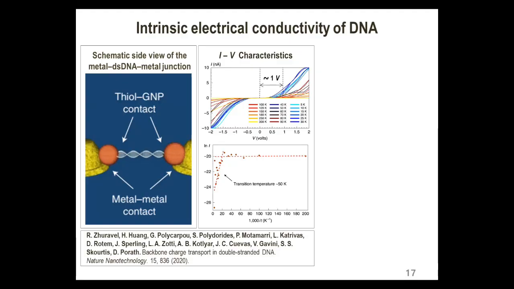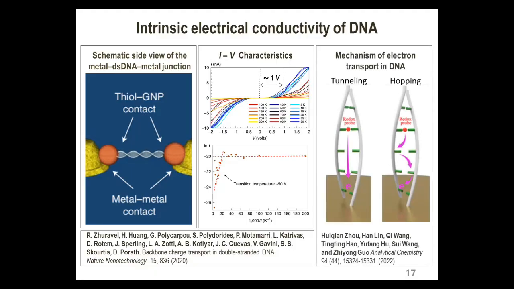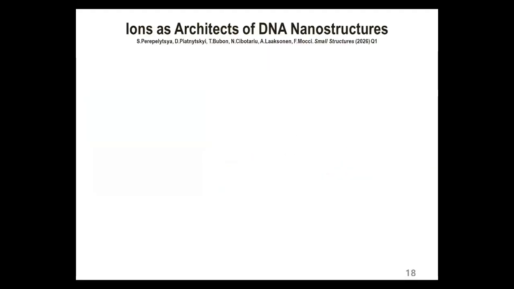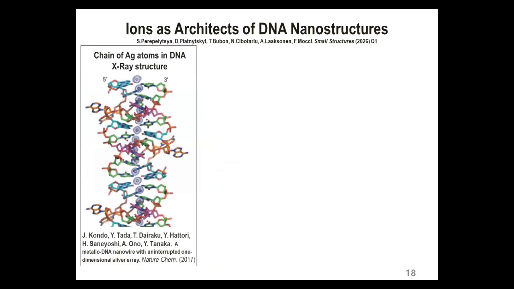Actually, the proper conductivity of DNA is more insulating. And if we are talking about the conductivity mechanisms that may exist in this system, this is like tunneling of electrons, or hopping from one nucleotide base to another. And to increase the efficiency of such a system as a conductor, we can turn to metallization of DNA.